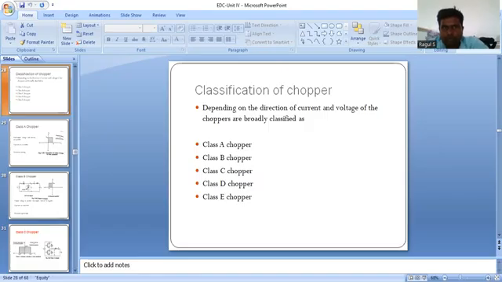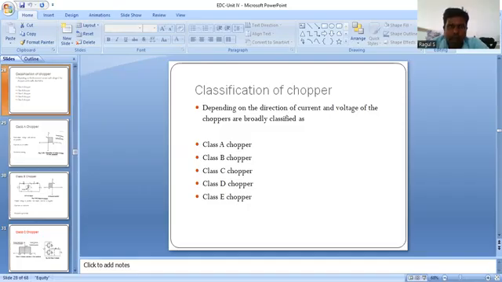In a class B chopper, we show the circuit diagram. In this circuit diagram, we are constructing a class B chopper. The input is DC, indicated as VS, which is the voltage source. The diode connection is reverse biased, that means opposite polarity.